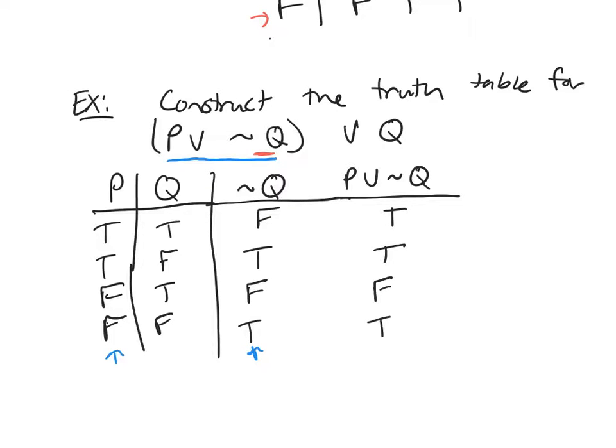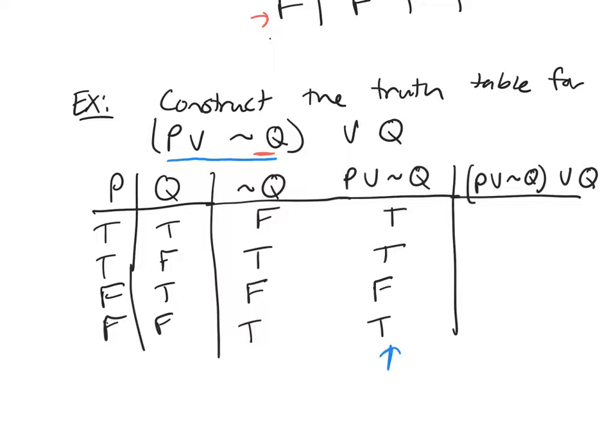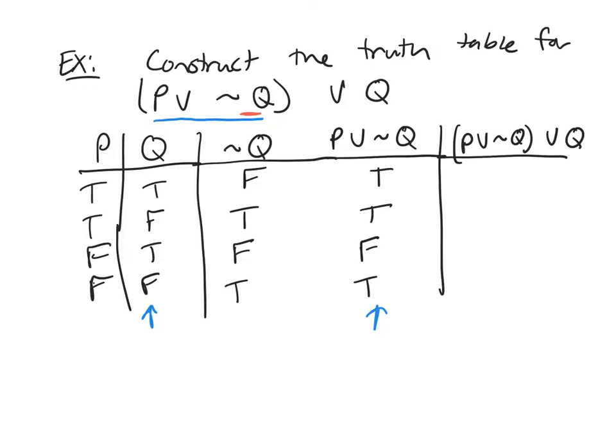And then for our final column, we need P or not Q or Q. Which columns are we going to look at? We're going to look at the last column we just made, P or not Q, and at Q. Again, there's an or between them, so just one of them needs to be true.